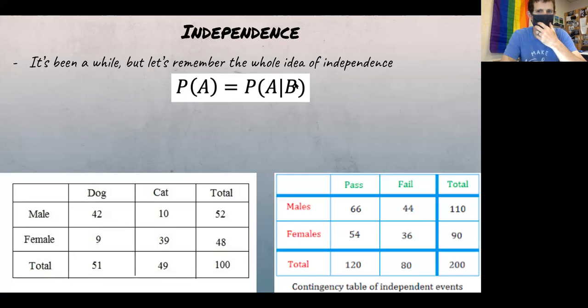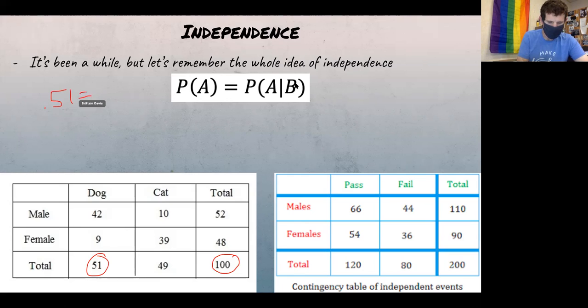In this case, if we look at a two-way table, I'm looking at the left one, obviously. The probability of liking dogs is 51 out of 100, so 0.51. I'll just put D for liking dogs, preferring dogs over cats.